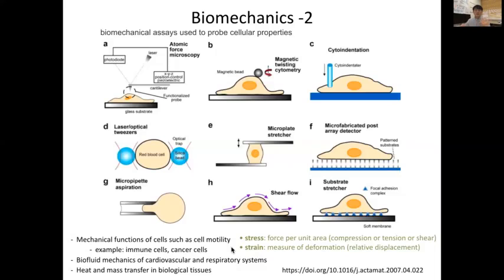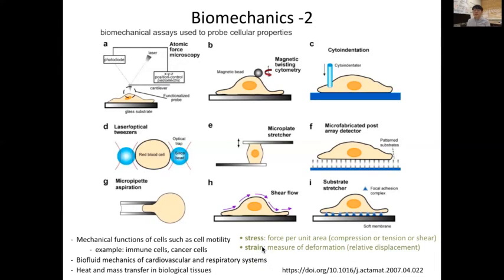At the same time, all these biomaterials can stretch or compress, and that will deform. To define this relative deformation, we define a measure of deformation, which is relative displacement.